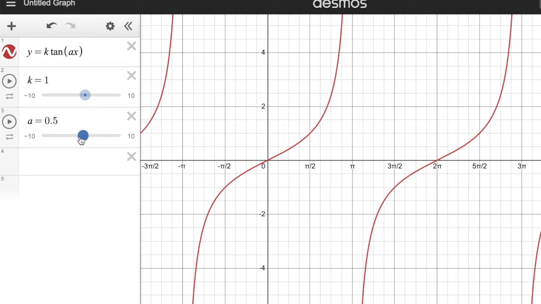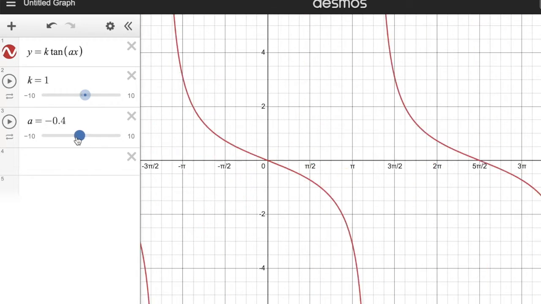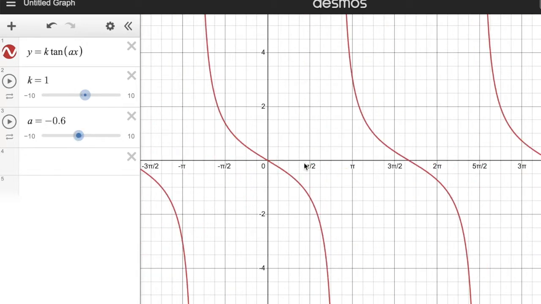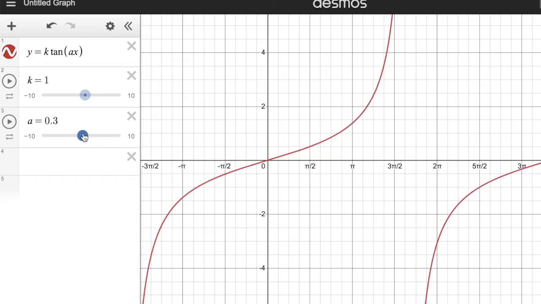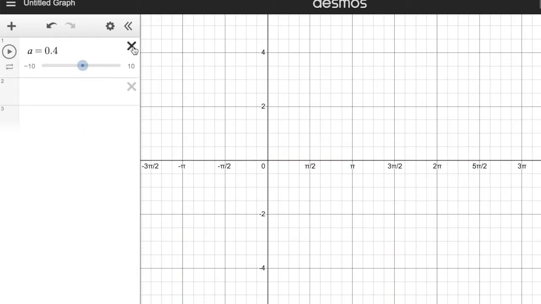If I make a negative, of course I'm going to reflect through the y-axis. Make the x negative, it reflects through the y-axis. Make the k negative, it reflects through the x-axis. Because tan is an odd function, it really looks the same either way. So I might just clear these graphs and show you what I mean by that.